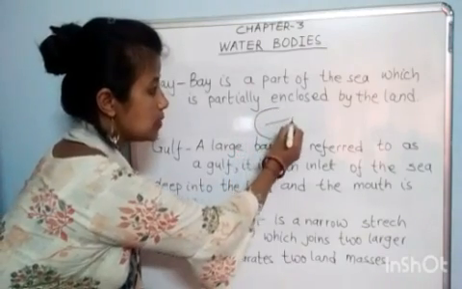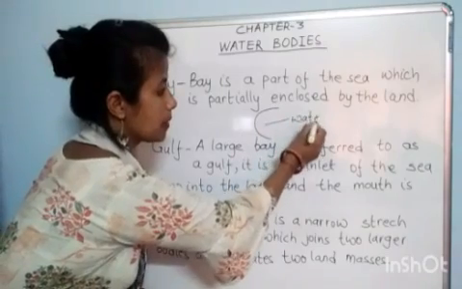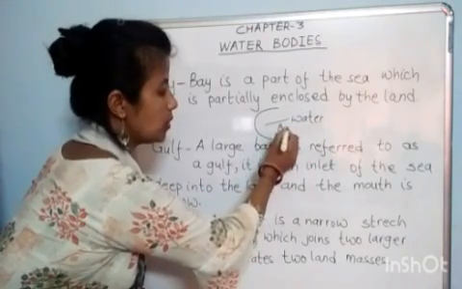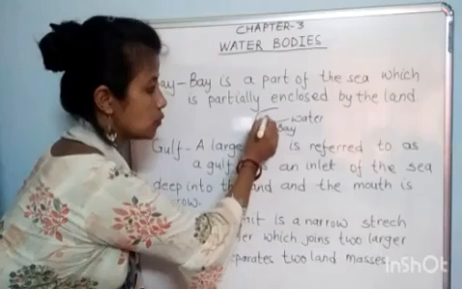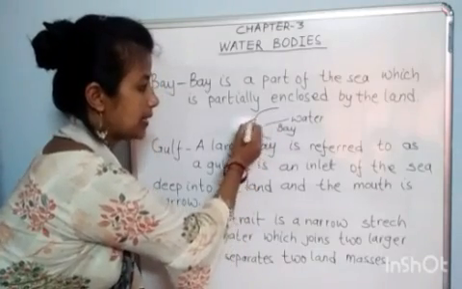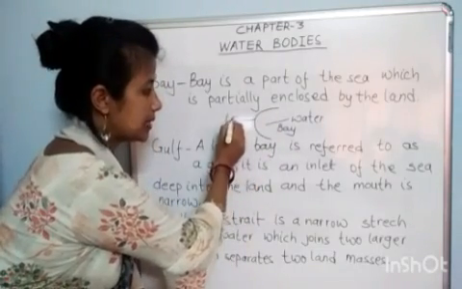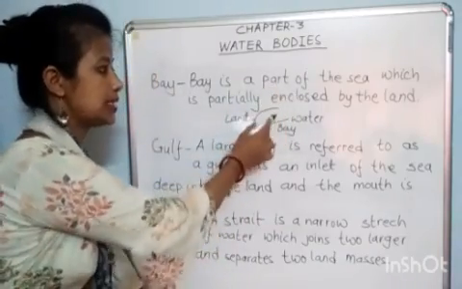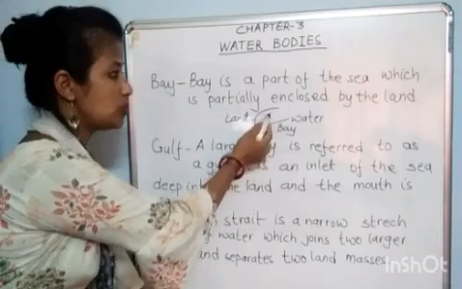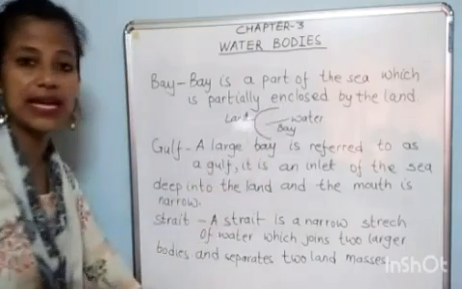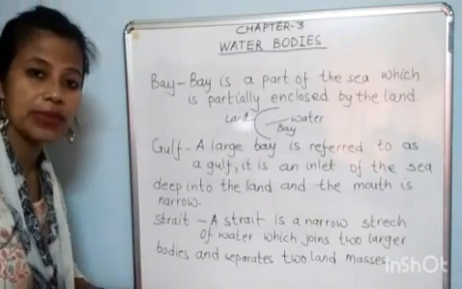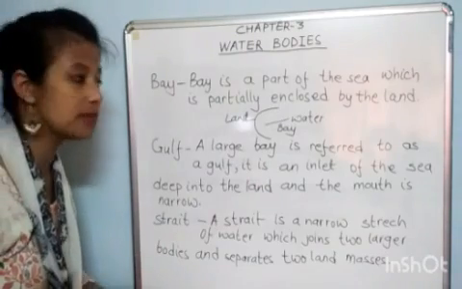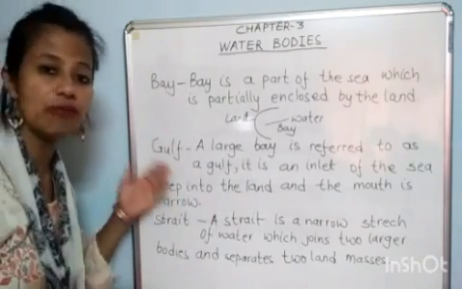This is water, and this is called a bay. And this is land. A bay is a part of the sea which is partially enclosed by the land. Bay of Bengal, Hudson Bay are examples of bay.